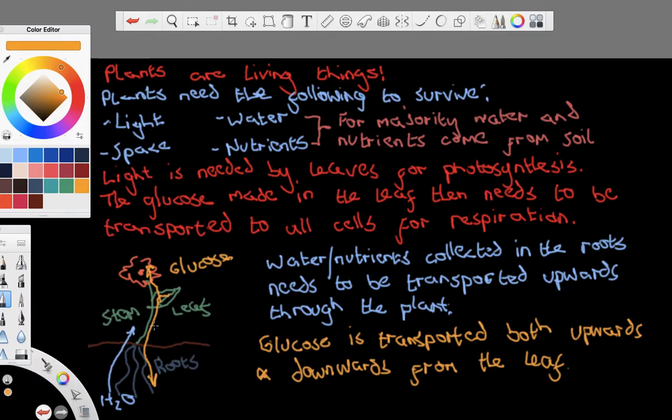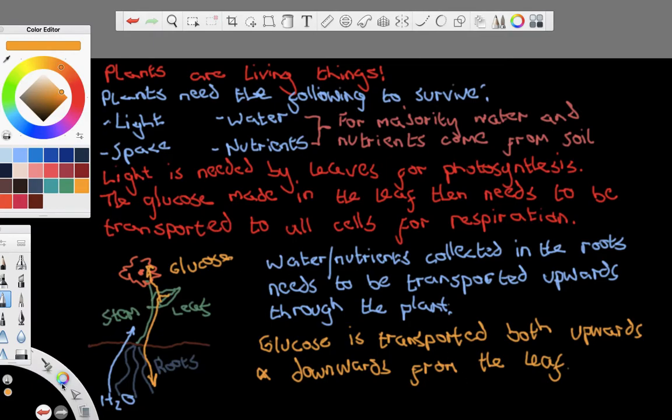The point I'm trying to make here, and the final thing I just want to say on this slide, is that the stem is the major transport. It's moving water from the roots up through the plant, and it's moving glucose from the leaf up and down through the plant. This is the major transport system, or the major transport area found within plants.